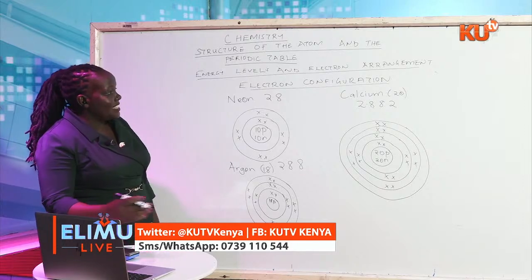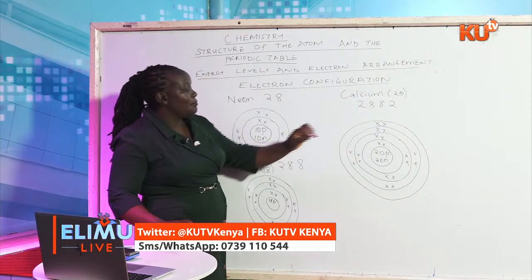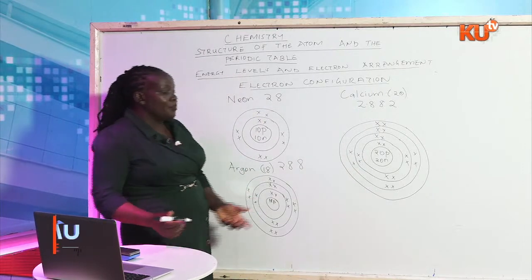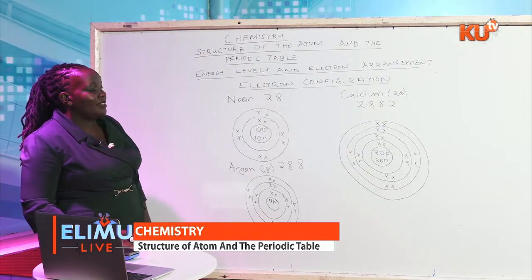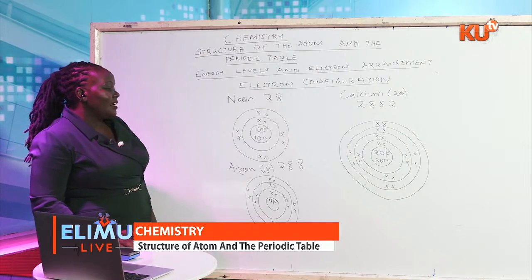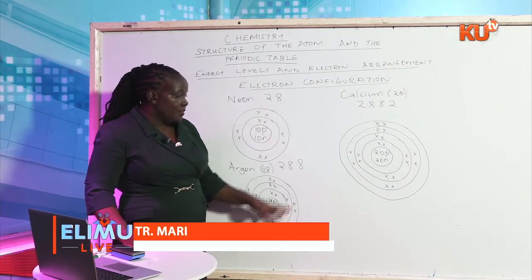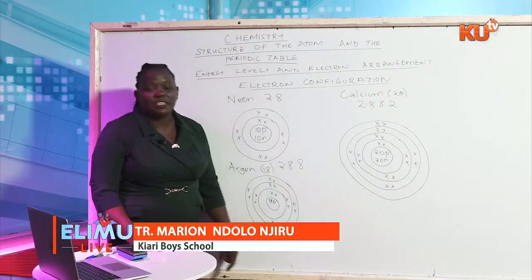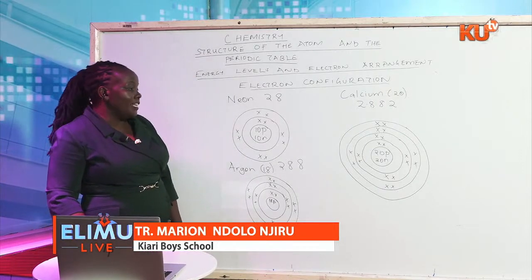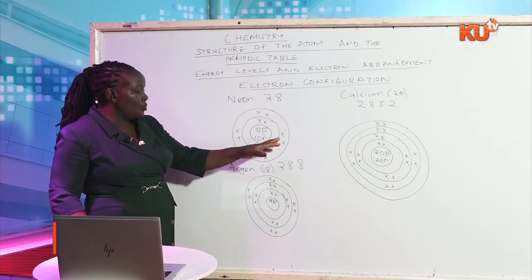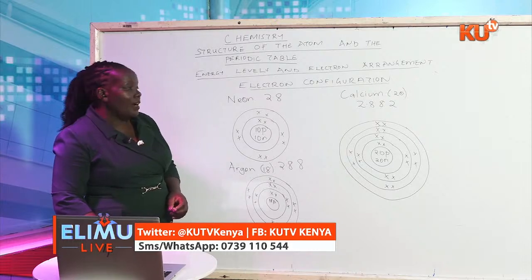So you can represent the electrons just by writing, like the way we have done here, but at the same time we can also represent them using diagrams. And we have seen that when you are using a diagram, the electrons are either represented by crosses, like the examples that we have on the board, or they can be represented by dots. So if you don't want to use the cross, you can use the dots.